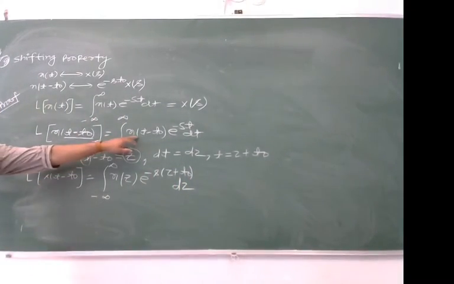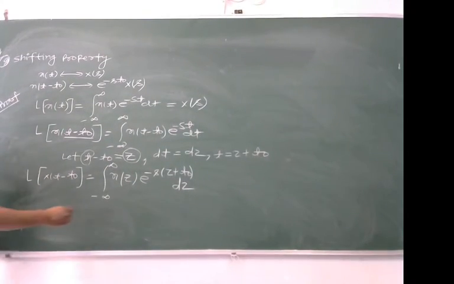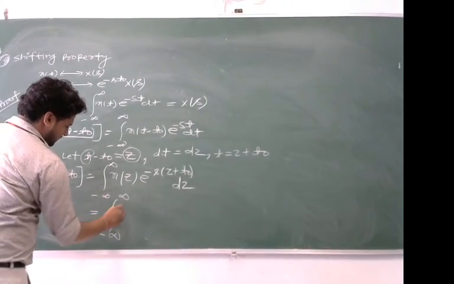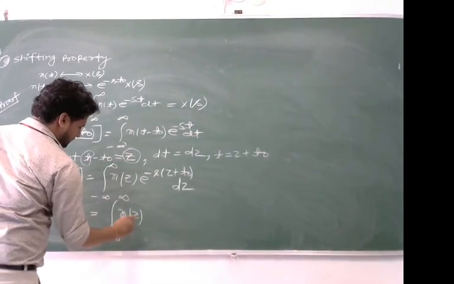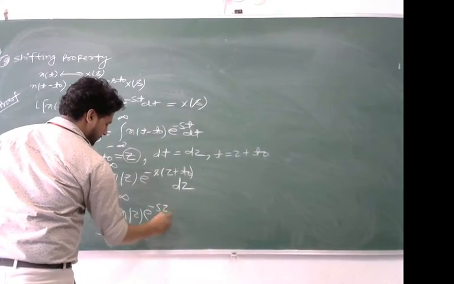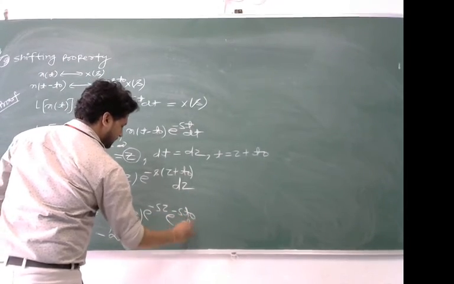Now this can be further simplified as integral from minus infinity to plus infinity x of z e power minus sz into e power minus s t naught dz.